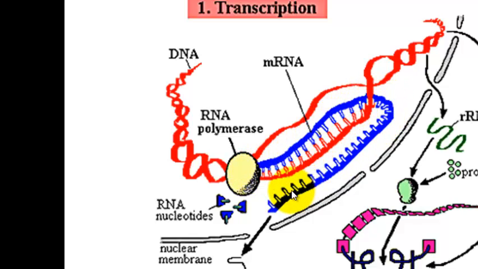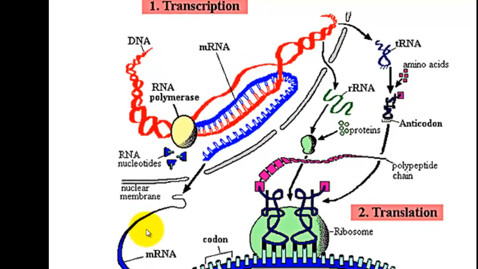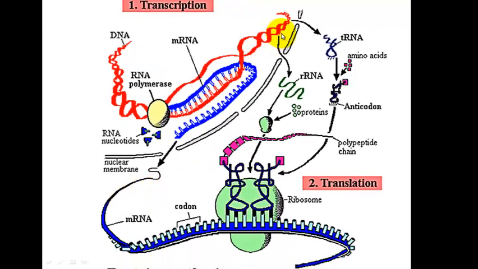The DNA obviously can't travel outside the nucleus to construct proteins, so it sends a special messenger molecule, this messenger RNA, and this travels out of the nucleus through this nuclear pore. The other thing that comes from the nucleus via the nucleolus is the ribosomal RNA, and this travels to the endoplasmic reticulum to construct the ribosomes.